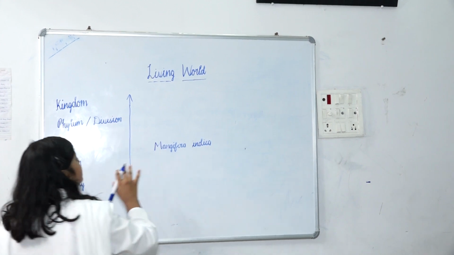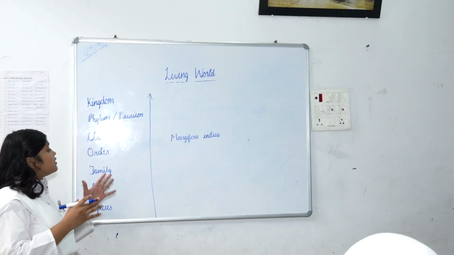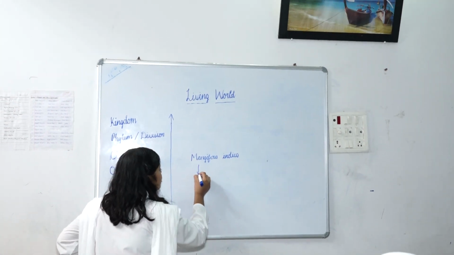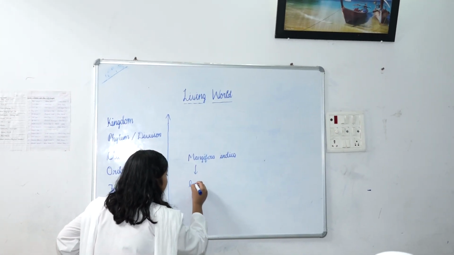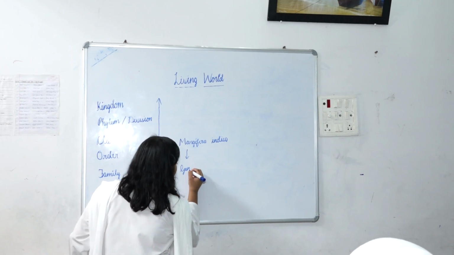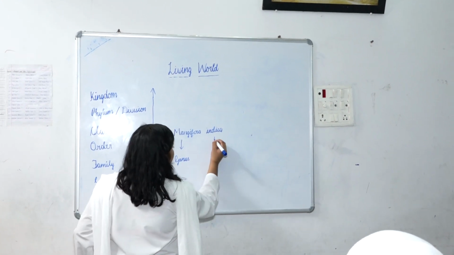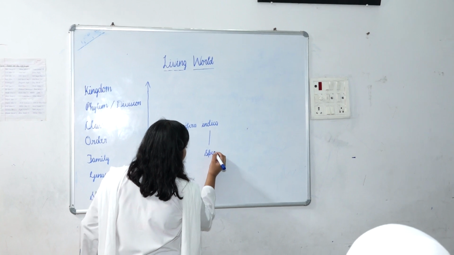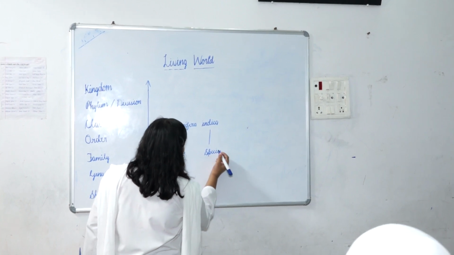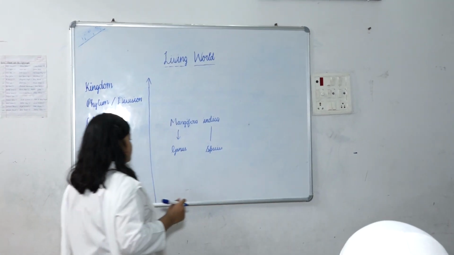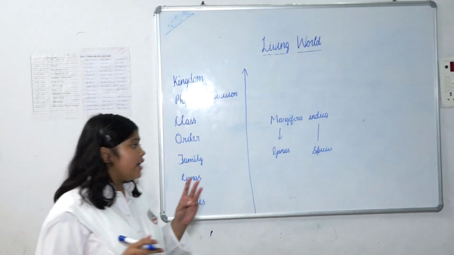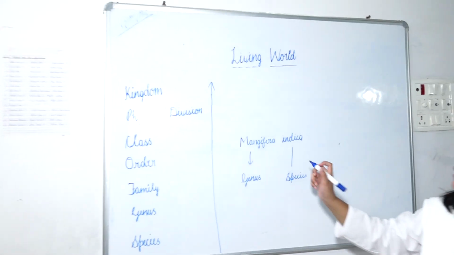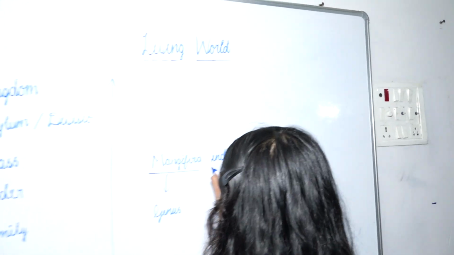It is the scientific name of mango: Mangifera indica, where Mangifera is, as we all know, the genus, and indica is the species, or you can say the generic epithet and the specific epithet. So the third rule says that whenever we write any organism's scientific name by hand, it should be underlined, and underlined separately.